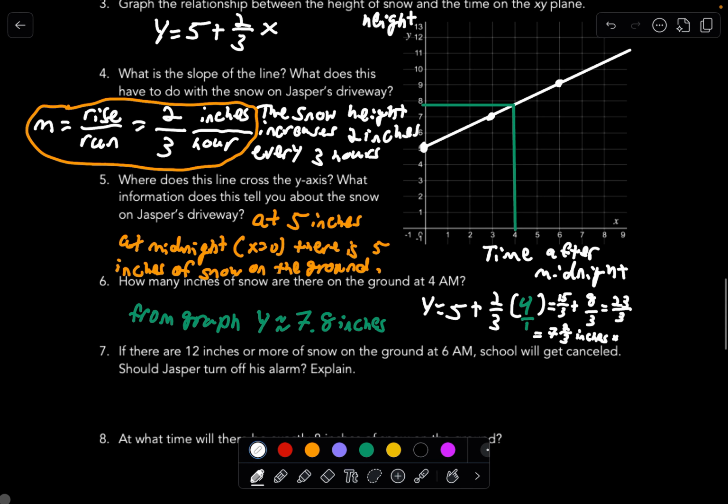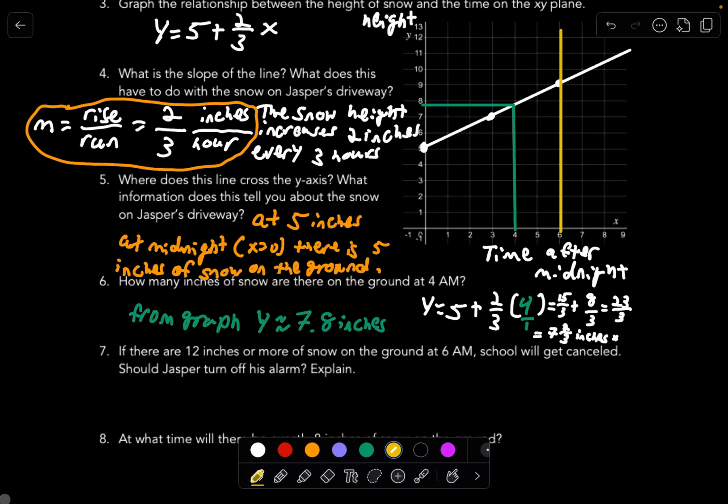Let's see, how many inches of snow are there on the ground? If there are 12 inches or more of snow on the ground at 6 a.m., school will get canceled. Should Jasper turn off his alarm? Well, 6 a.m. is simply right here. Okay.